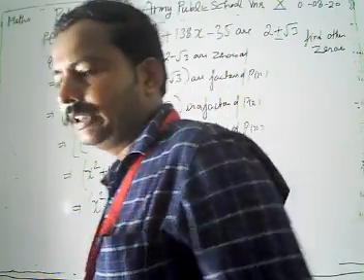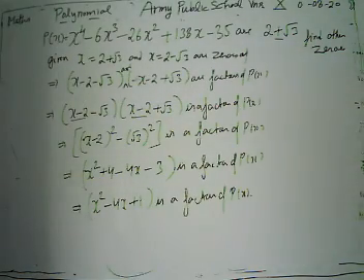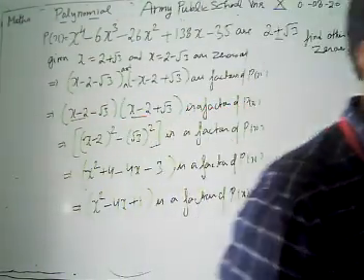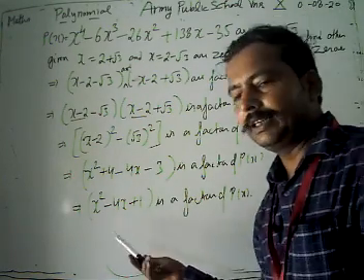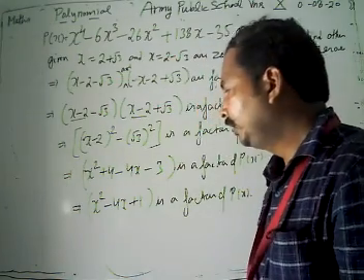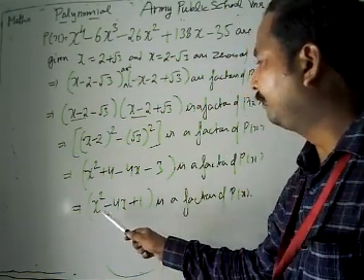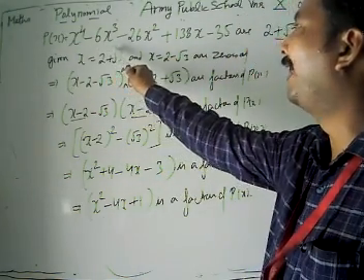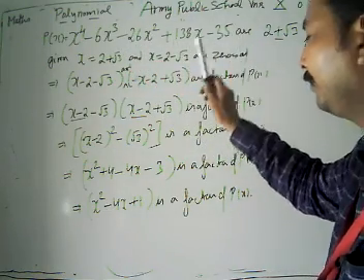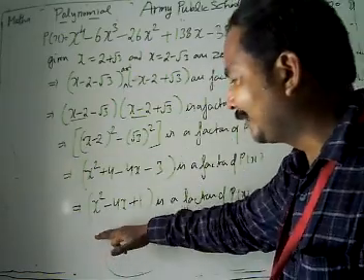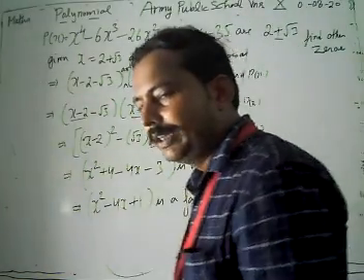Further, I am not going to simplify. Now look, we get it's a factor. What do we have to do? Just divide this polynomial x to the power 4 minus 6x cube minus 26x square plus 138x minus 35 by x square minus 4x plus 1.